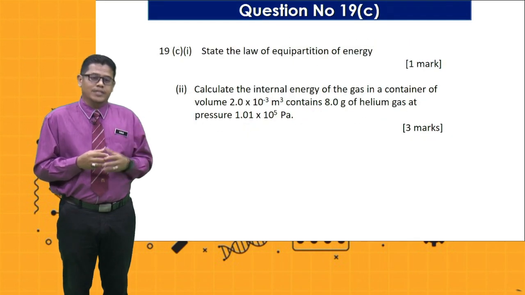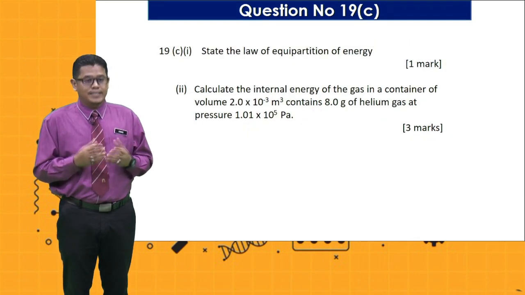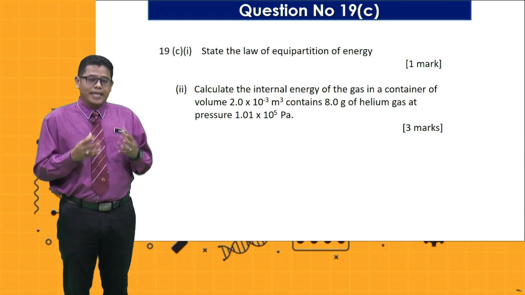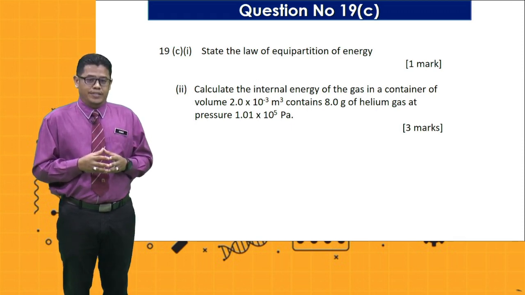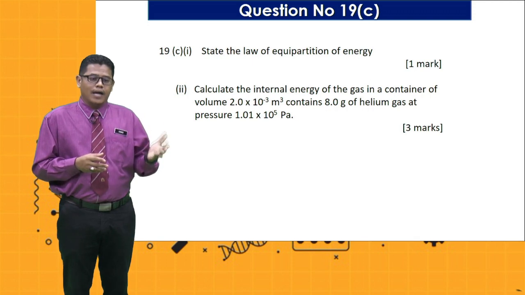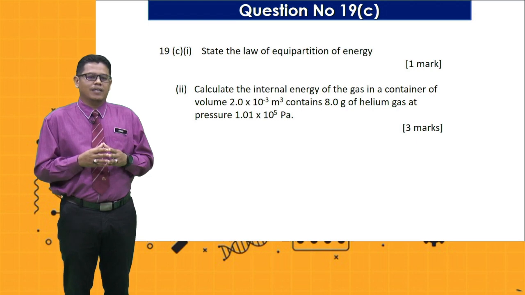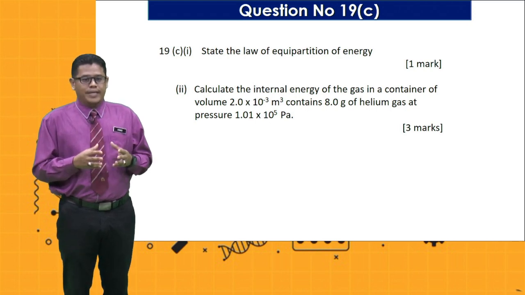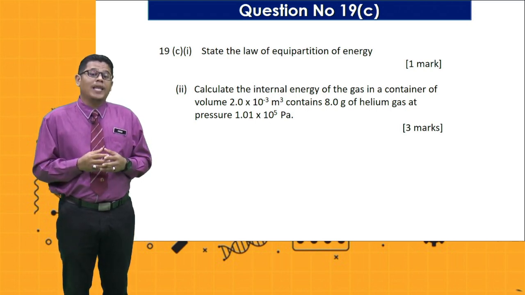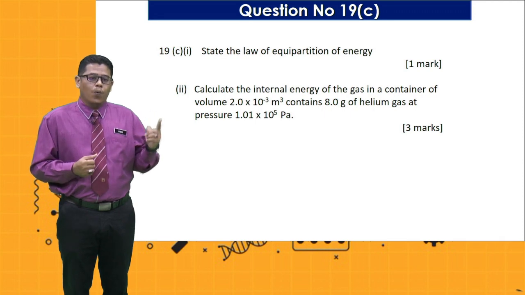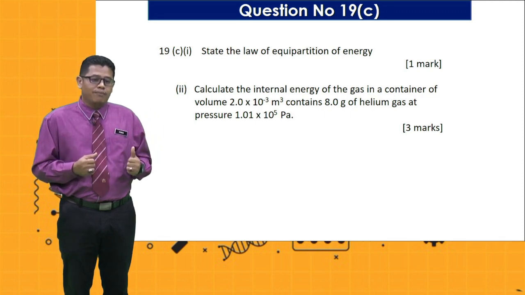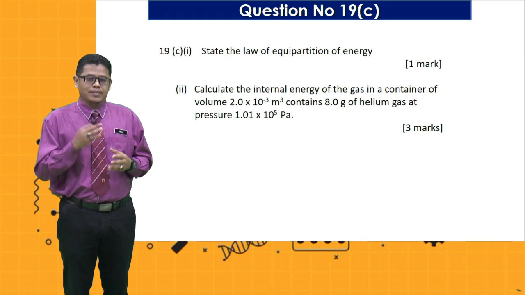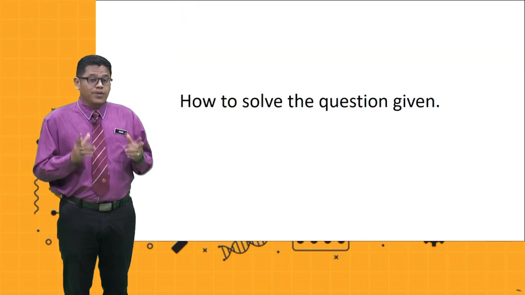Now, the last question, 19C: state the law of equipartition of energy for 1 mark, and then calculate the internal energy of gas in a container of volume 2.0 times 10 to the power of -3 meter cube, containing 8.0 gram of helium gas at pressure 1.01 times 10 to the power of 5 Pascal, 3 marks given.